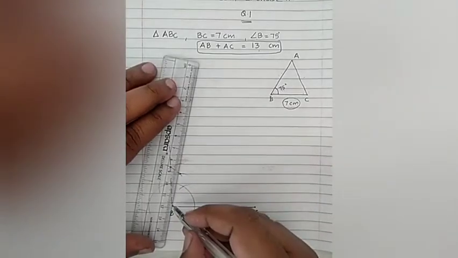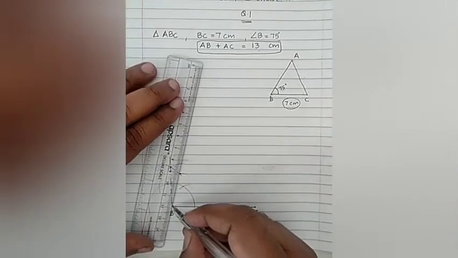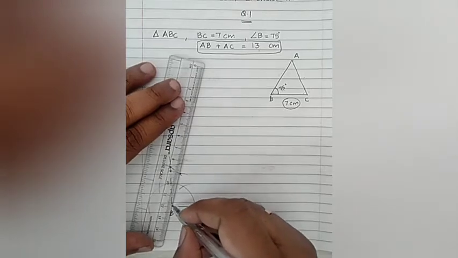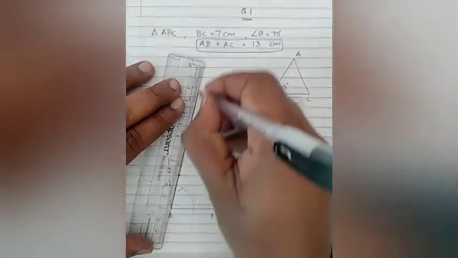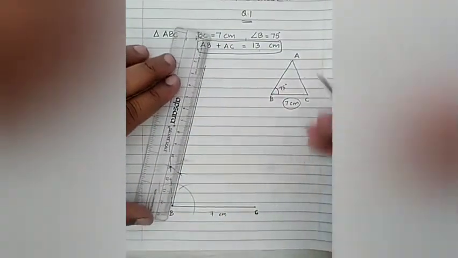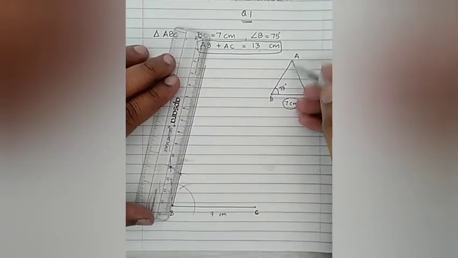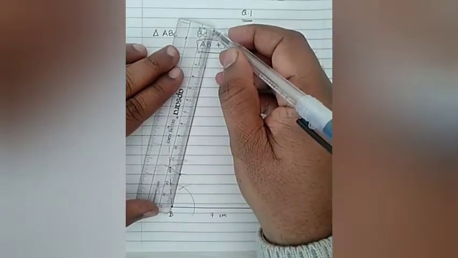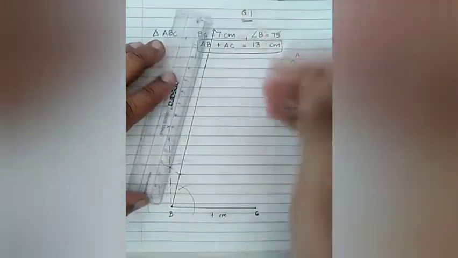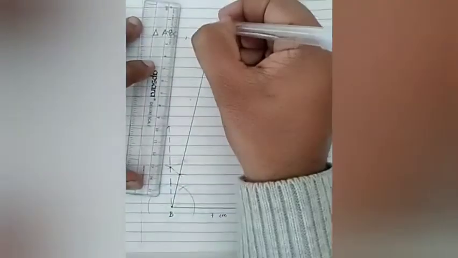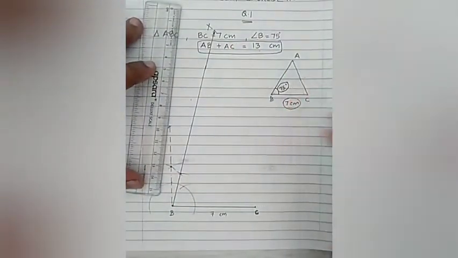This time I will not draw a dotted line, but instead a continuous line. Let me make it a ray. This is not actually BA, this is just a ray. I'll just extend it a little. Let me name this ray BX. So this is the ray BX, and I've used 75 degree also.